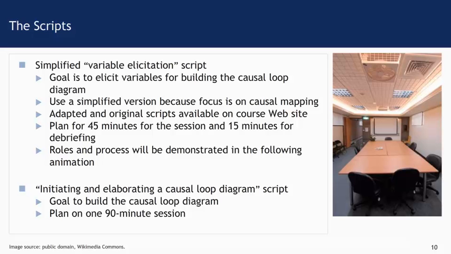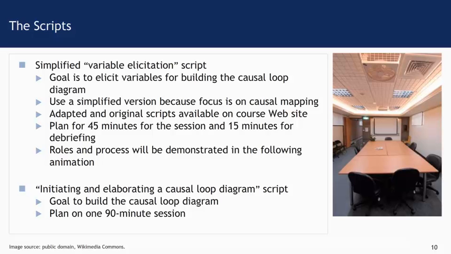And really, the main reason why we are using a simplified version is because the key focus of this module is on causal mapping, but we still wanted to give you an idea about variable elicitation. So I encourage you to follow the detailed script if you prefer, or any other script, such as the graphs over time script that is also available in Scriptapedia to elicit variables in your own session. Both the adapted and original scripts are available in the course material.